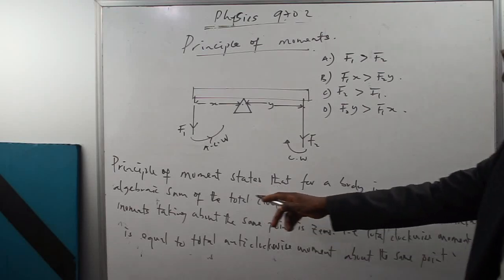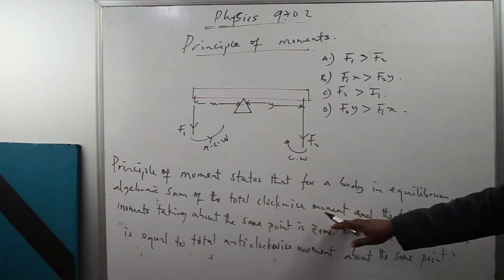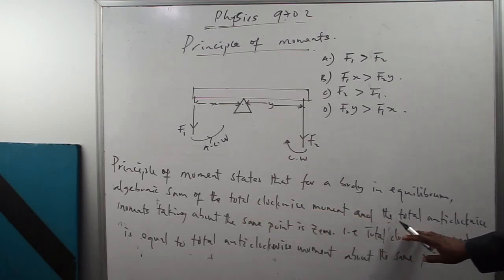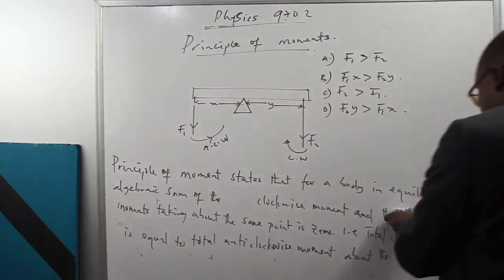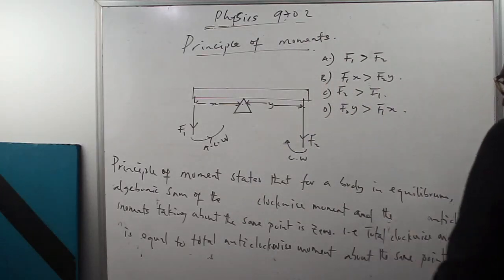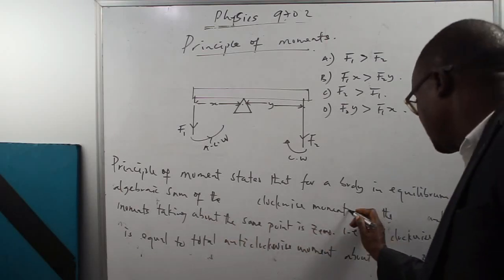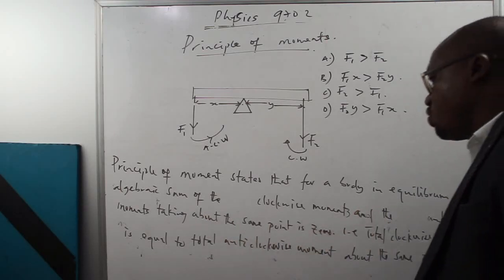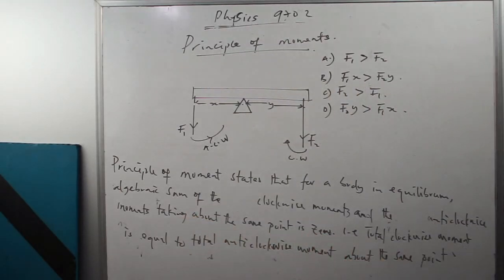And that is what we are saying here, that the algebraic sum of the clockwise moments and the anti-clockwise moments taken about the same point is equal to 0.